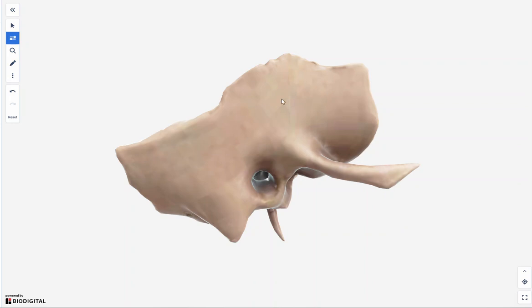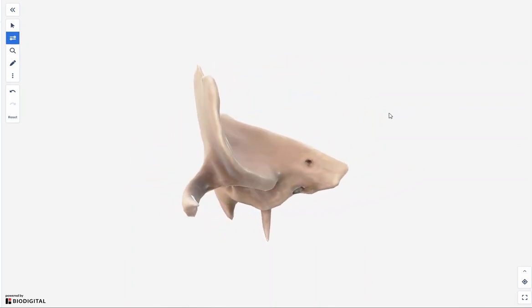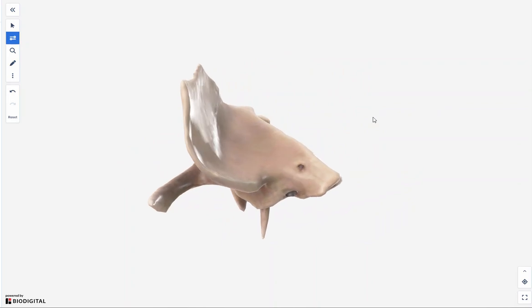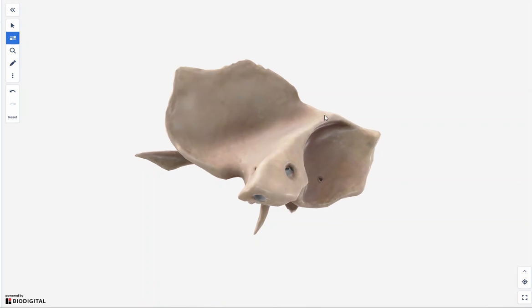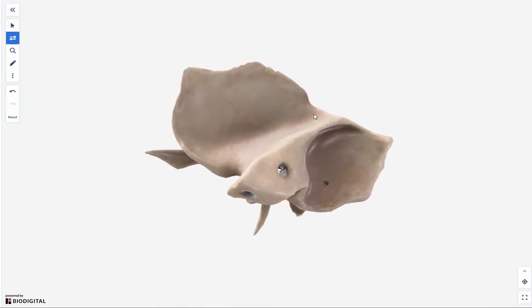This area here is called the squamosal portion of the temporal bone. Squamosal means a smooth, rounded surface of bone. So turning it, this is looking at it from an anterior view, right? And then this is from the inside of the skull, like we're sitting in the middle of the skull looking out towards the lateral.